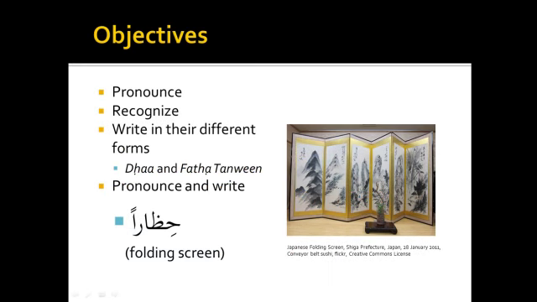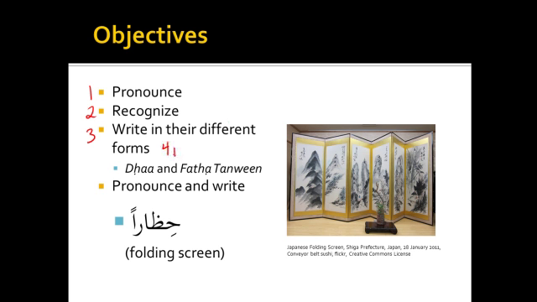So we have four main objectives in this lesson. The first objective is to pronounce the Dhā and the Fath Tanween correctly. Our second objective is to recognize the Dhā and the Fath Tanween when we see them in a word. The third objective is to write the Dhā in its four different forms.